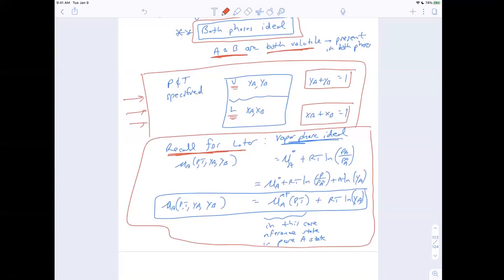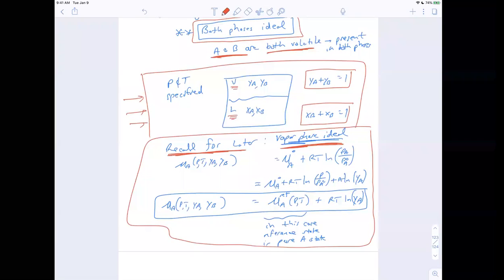Since both phases are ideal, the vapor phase is ideal, so we can treat it as an ideal gas. So we have two ideal gases in the vapor. And we saw that the chemical potential for a species in a mixture of ideal gases is given by this expression.